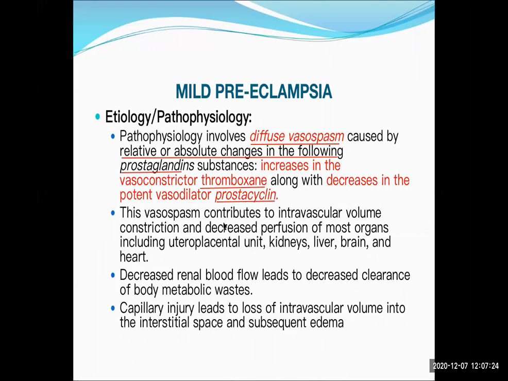This vasospasm contributes to intravascular volume constriction and decreased perfusion of most organs, including the uteroplacental unit, kidney, liver, brain, and the heart. It is not only restricted to the placenta or uterus, it is also in other organs. So this is the big problem here. That's why this hypertension is damaging the brain, liver, kidney, and even the heart.